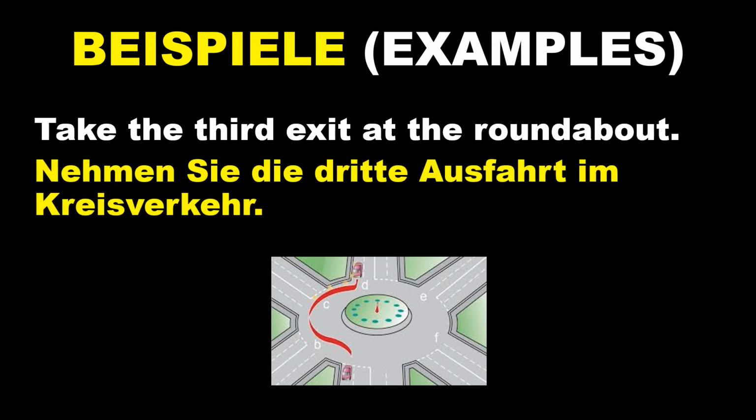Nehmen Sie die dritte Ausfahrt im Kreisverkehr. Ausfahrt bedeutet exit, so you need to take the third exit. That is how we will translate it. Kreisverkehr, that is roundabout. Let's go ahead.